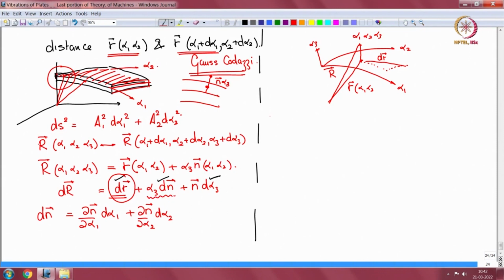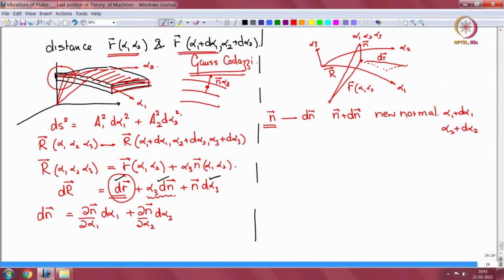So n is the local normal here, and a change on that is dn, and n plus dn is the new normal, at alpha 1 plus d alpha 1, alpha 2 plus d alpha 2.